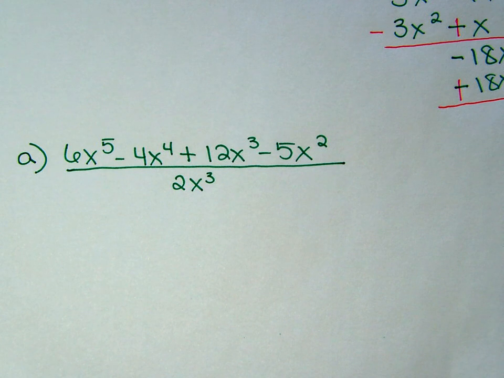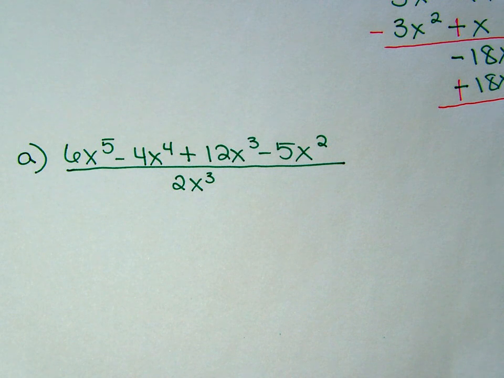But I don't have to be concerned about that because what's in my denominator? What am I dividing by? 2x to the 3rd. That's one term. This is a monomial. This is the very first style that we saw earlier. This is a split and simplify problem. This is not a long division problem.